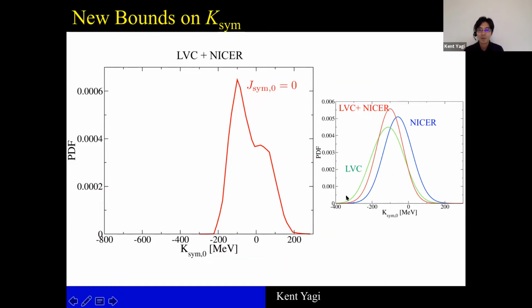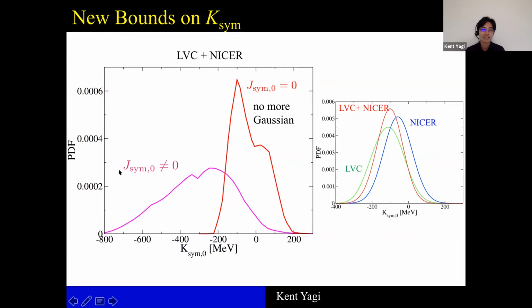And comparing this against the red curve on the right plot that I've showed you earlier, assuming a two-dimensional Gaussian distribution, then you can see that the new distribution is no longer Gaussian and it has some skewness. But for example, the peak value stays the same. It's still -100 MeV.